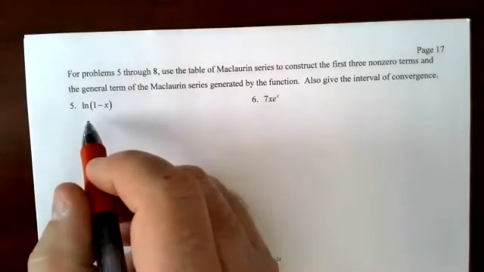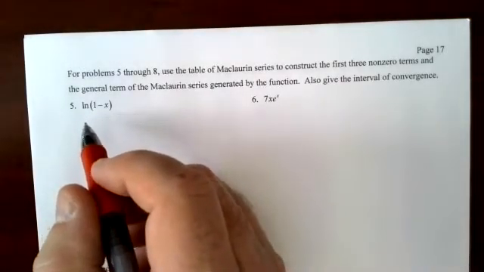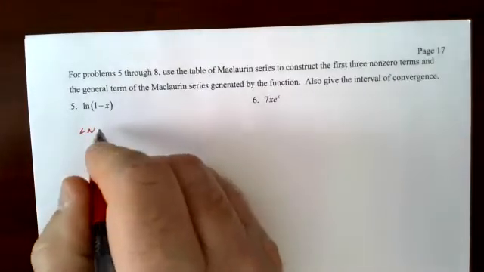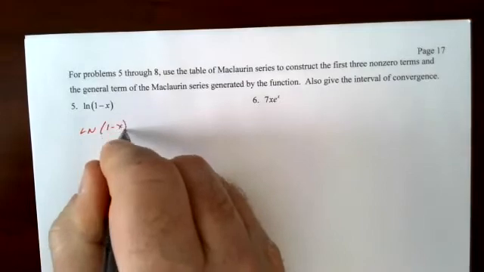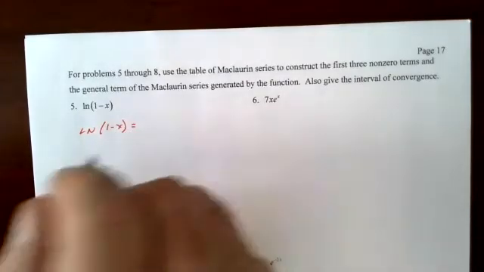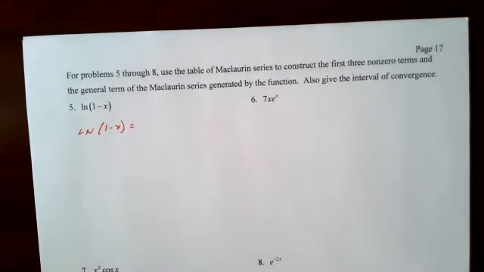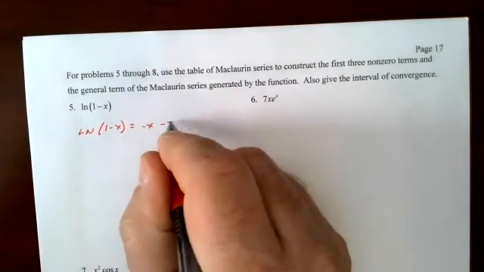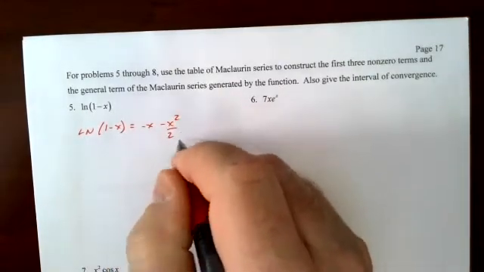So we have ln of 1 plus x. Interesting. So ln of 1 minus x means that all these terms are negative. Yeah, so negative x minus x squared over 2. Well, what happened to 2 factorial?